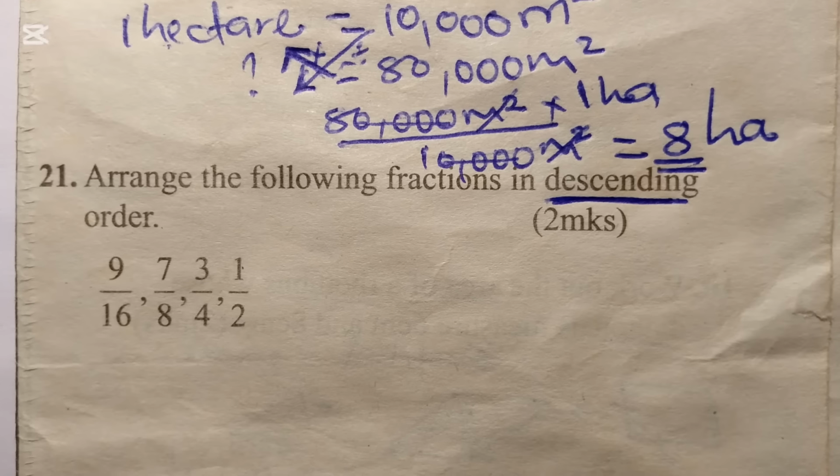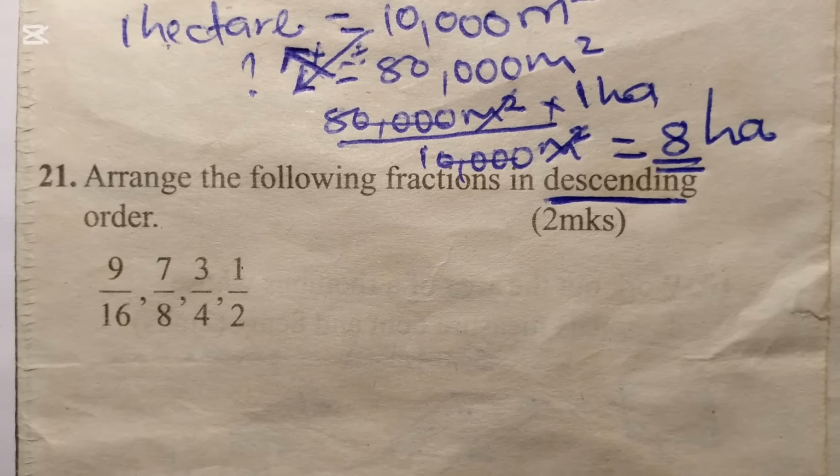He moved from the earth up to heaven. I think you are getting me, that is ascending. So ascending is from down to up.